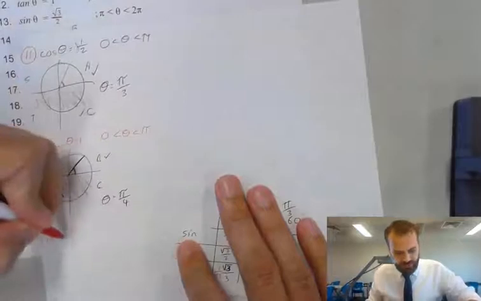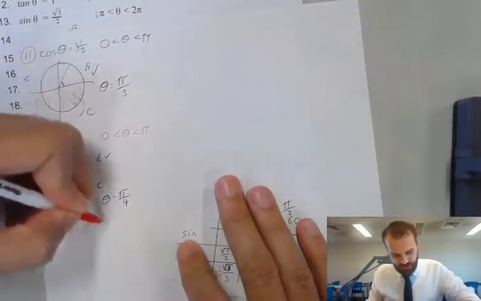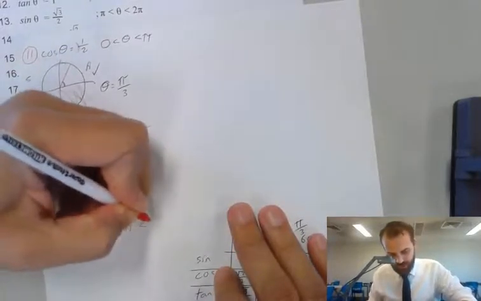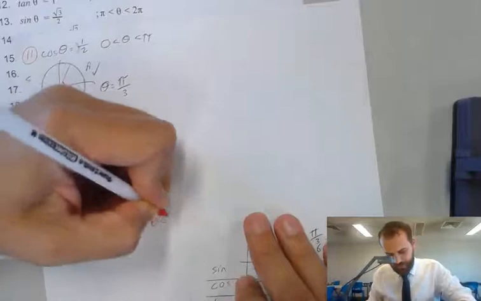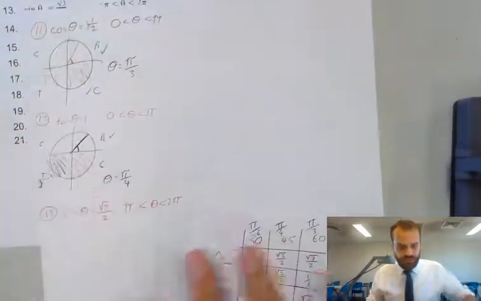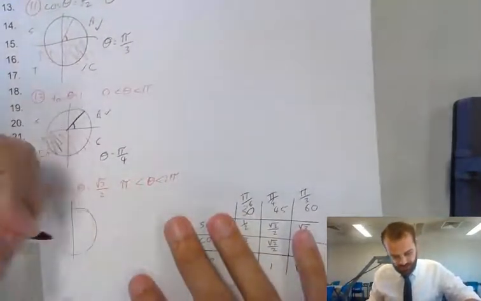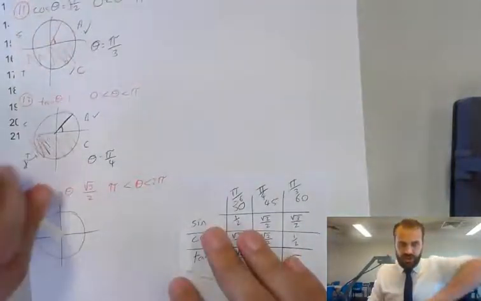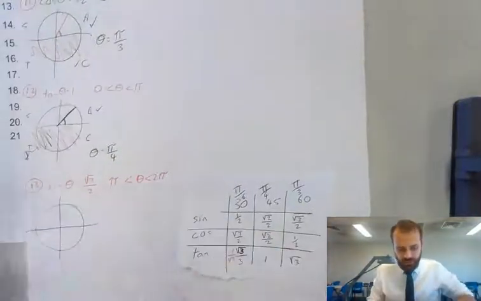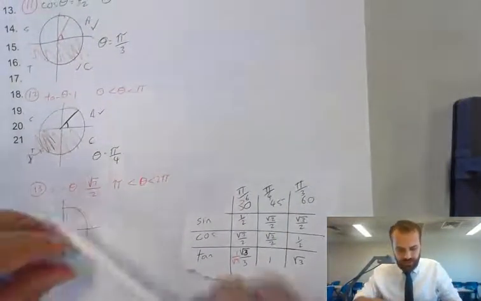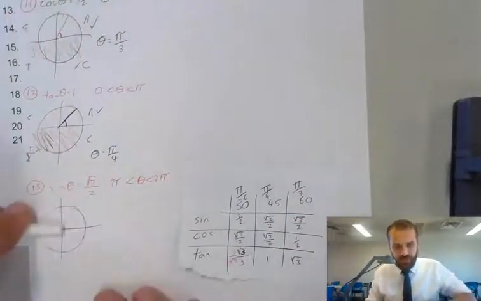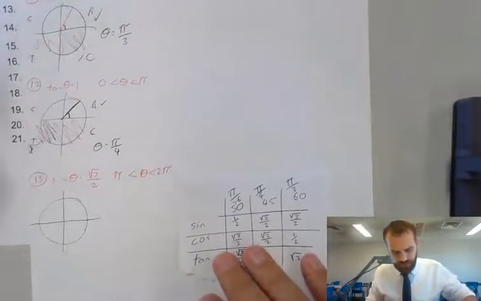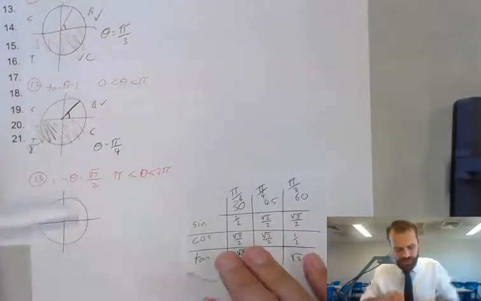This one's a little bit different. Sine theta equals root 3 on 2. And this one's between pi and 2 pi. Okay, so if I draw my circle, the top half is 0 to pi. The bottom half is pi to 2 pi.